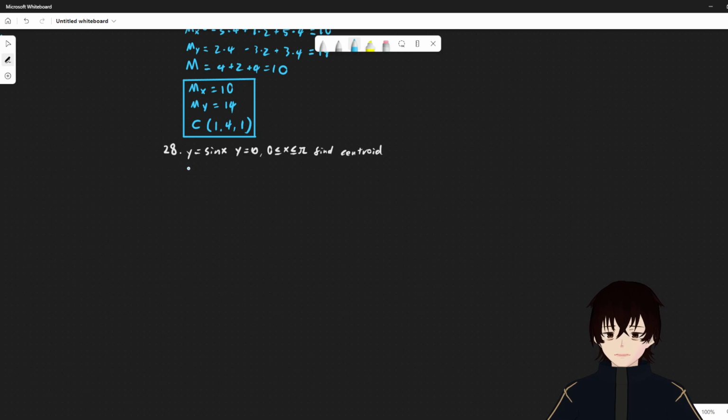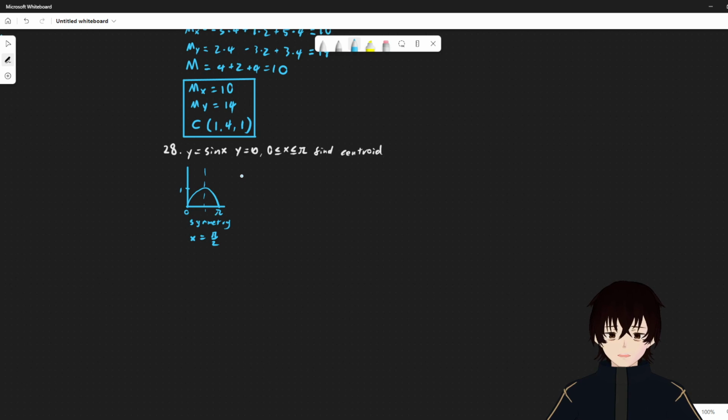Now we need to first graph the function. So let's do just that. And this is a sine function from 0 to pi, so it looks like this, right? And we know there's a symmetry. The symmetry is that x is equal to pi over 2. So we already know half of the coordinates.